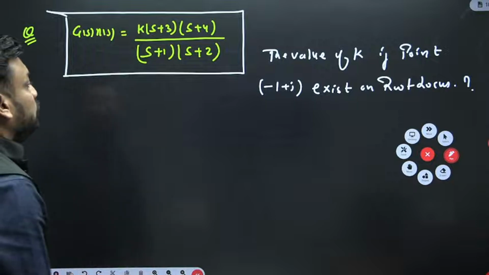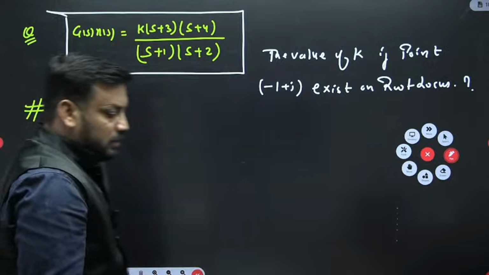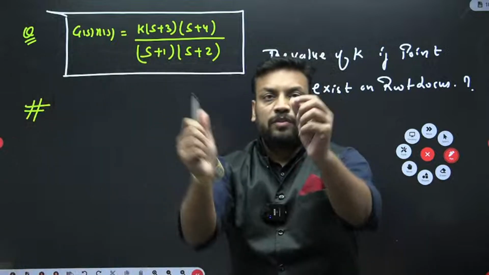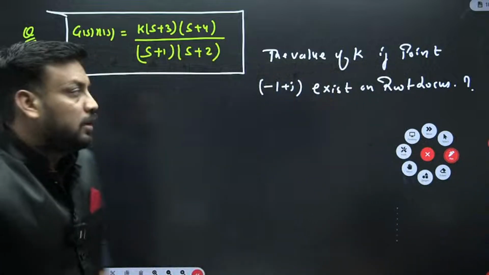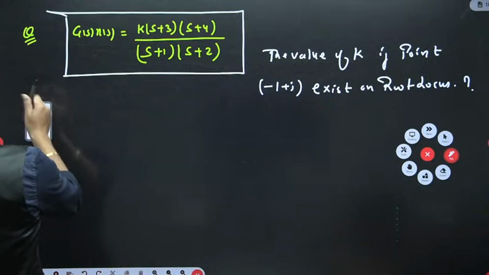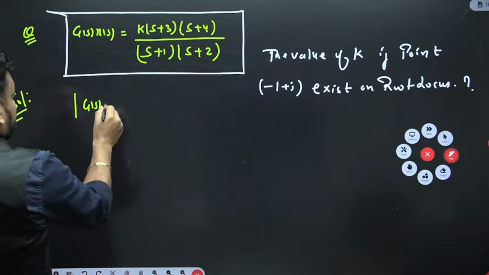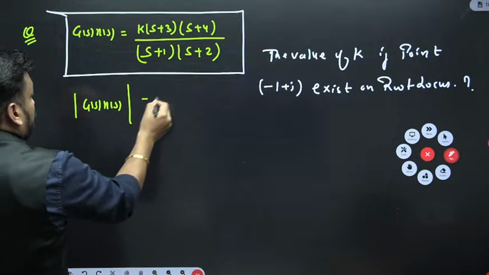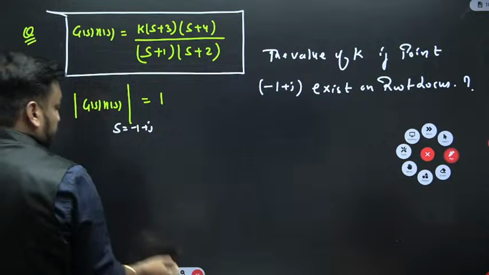Yes. So student, whenever such type of question comes, this is just a root locus question based on the magnitude condition, because we have to find the gain K, so we apply the simple magnitude condition. The magnitude condition says that mod of G(s)H(s) is equal to 1 where the point s equals -1 + j.